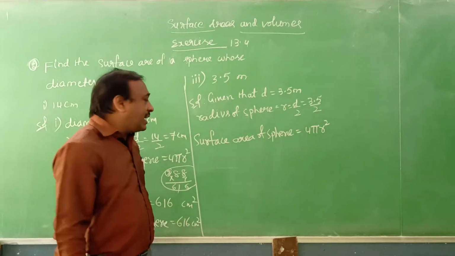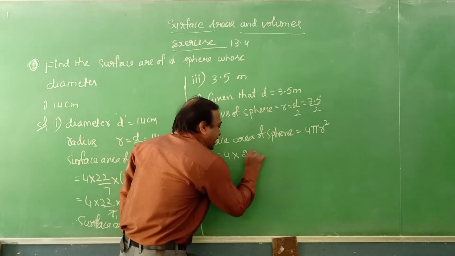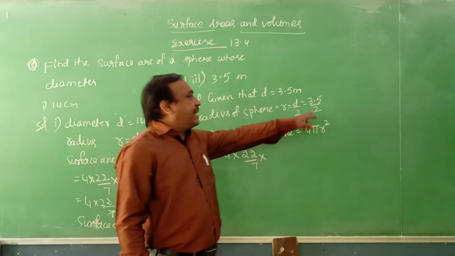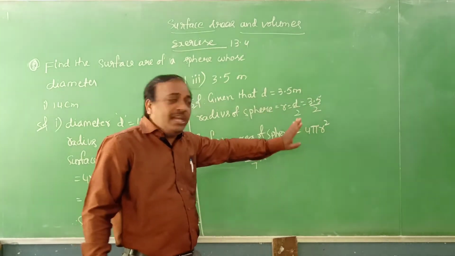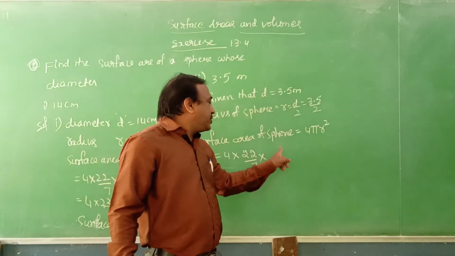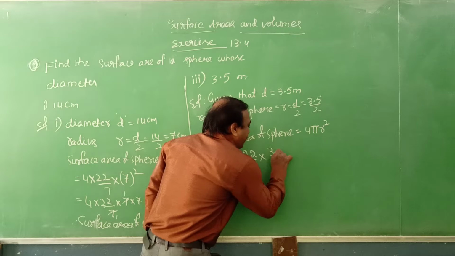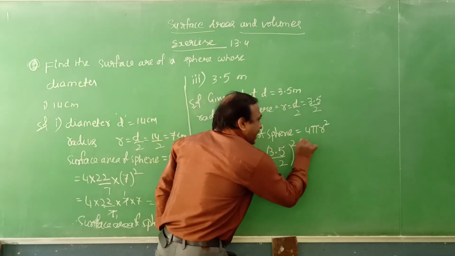So 4 pi r square is 4 into 22 by 7 into r square. The r value is 3.5 by 2. Either you can simplify, or you can substitute without simplifying.